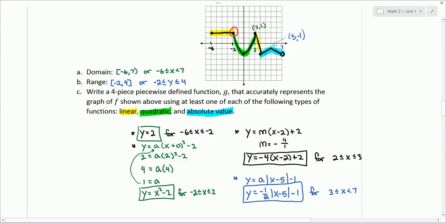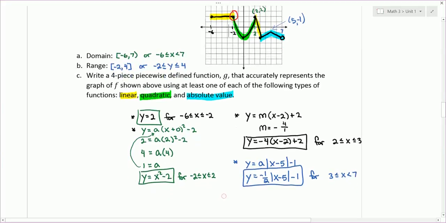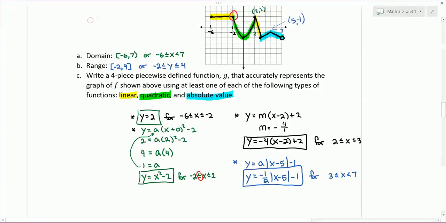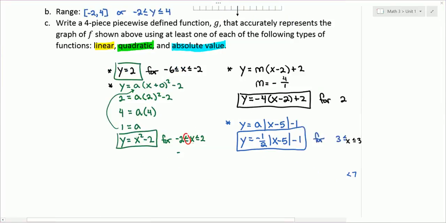But if that point belongs to the line, now I have to change that less than or equal sign to just less than, because when x is 2, it's going to belong to the line, not to the quadratic. So the domain is now negative 2 less than x less than or equal to 2.